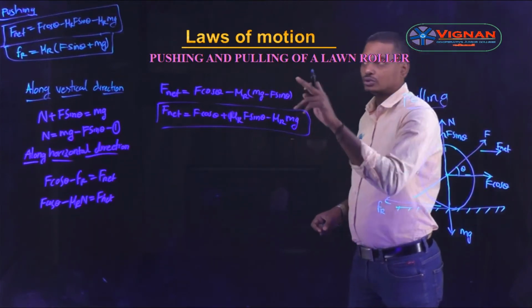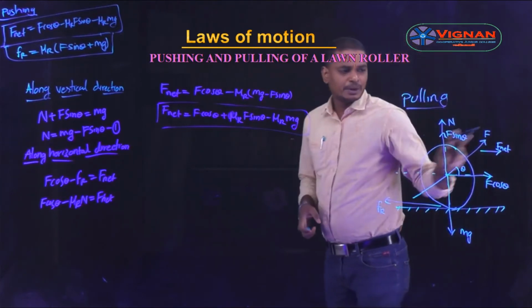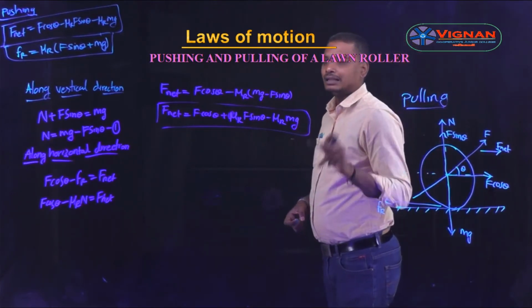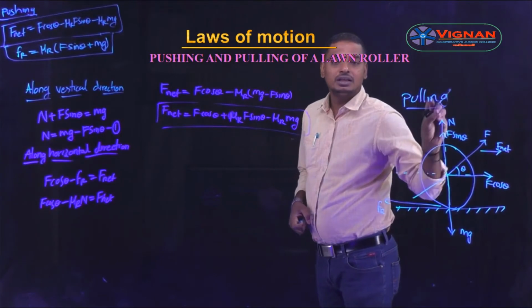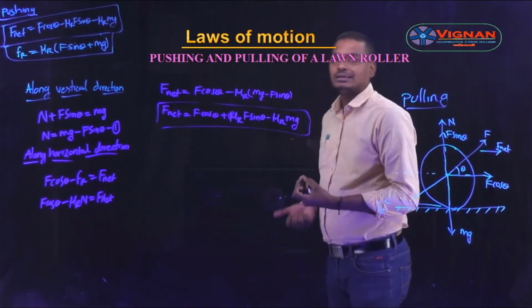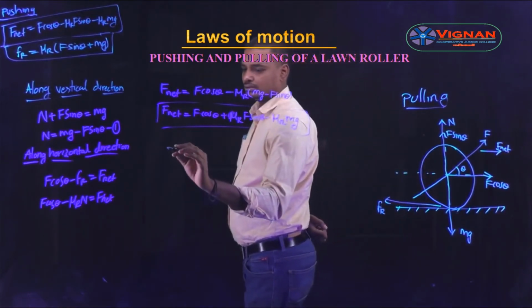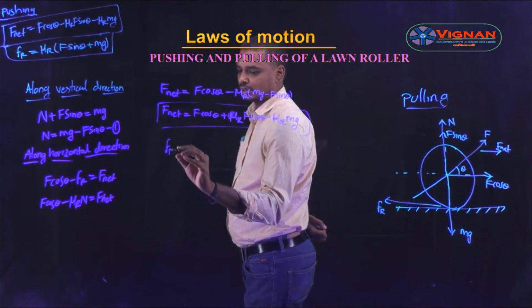From these two observations, we can conclude that for the same applied force F, the net resultant force in the case of pulling the lawn roller is greater. So it is easier to pull a lawn roller than to push it. Let us calculate the frictional force also, so you can get a clear idea.